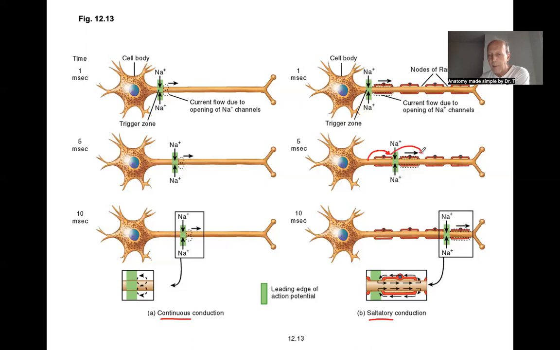Saltare in Latin means to leap, to jump, practically jumping from one node of Ranvier to the next until we reach the axon end. Obviously, it saves time. It ensures a much faster spread of the action potential, reaching effector cells. And that is the basic difference between non-myelinated and myelinated neurons, continuous versus saltatory conduction, which heavily influences the speed of transmission of action potentials.